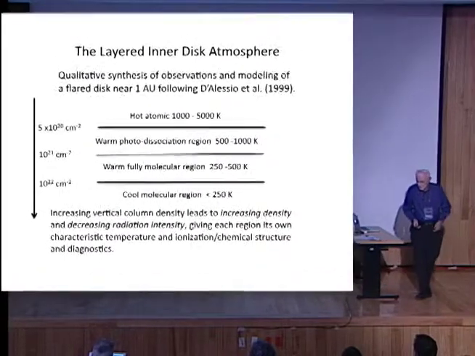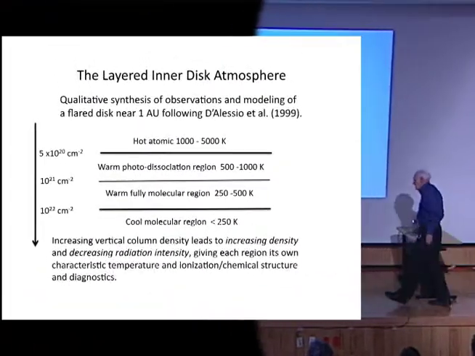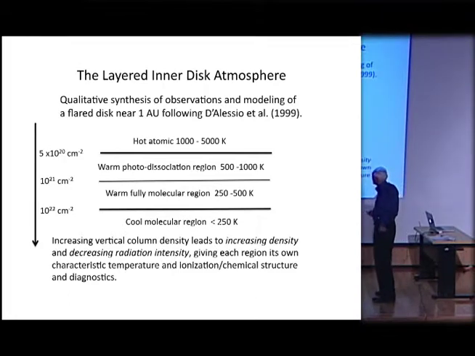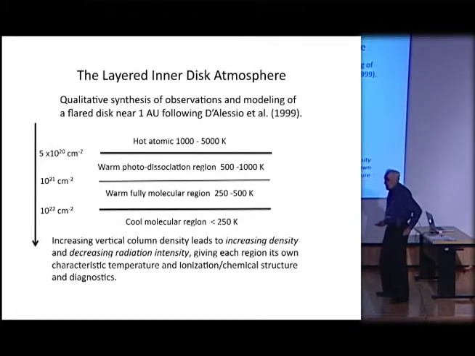Now, in a very schematic form, the end result, to some extent, of some of the considerations I'll be going into in more detail, is that we have a kind of layered atmosphere, and I'm giving you the main types of regions here as a function of vertical column density, and I'm measuring vertical altitude by the vertical column density integrated from above down towards the midplane.